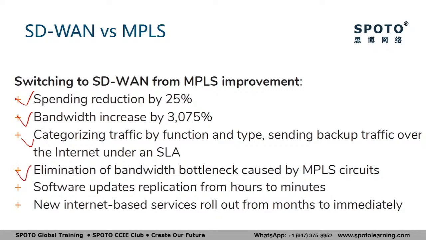Elimination of bandwidth bottleneck caused by MPLS circuits. As we mentioned, internet circuits, they are faster and faster, cheaper and cheaper. Software updates, replication from hours to minutes. Of course, with the significant bandwidth bump up, you can replicate a large amount of data through the public internet from hours to minutes.